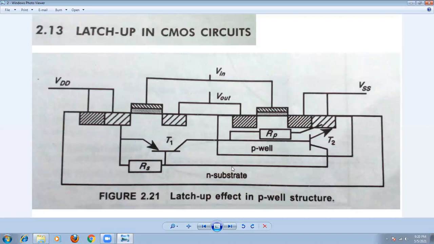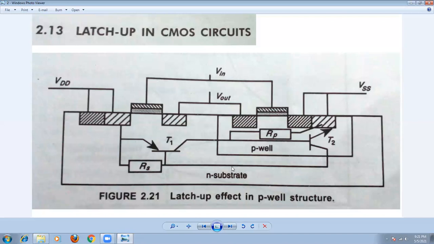Whenever these parasitic components exist, there is a chance of a low resistance path, depending upon the voltage drop across RS and RP. During the operation, some amount of current flows in the resistance of the substrate material as well as the well. So a voltage will be developed, and that voltage is able to drive the transistors T1 and T2. So these transistors will conduct.